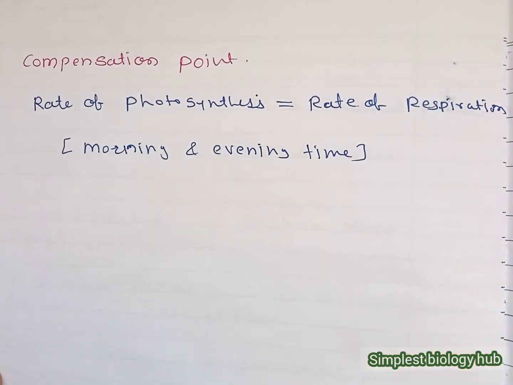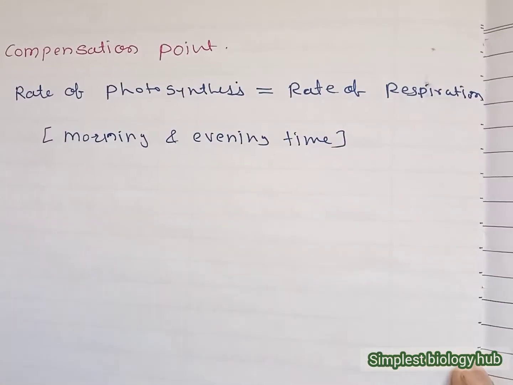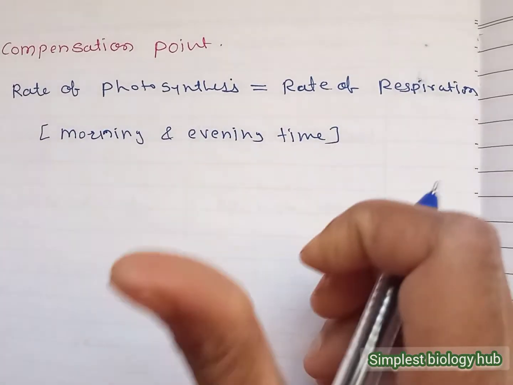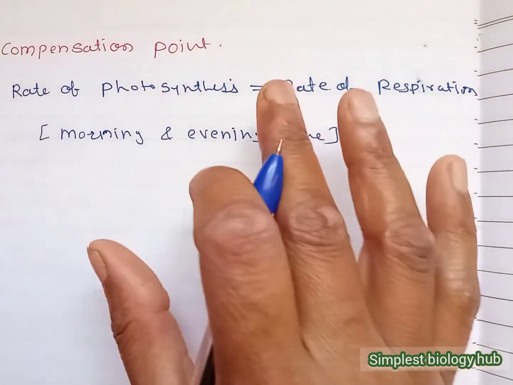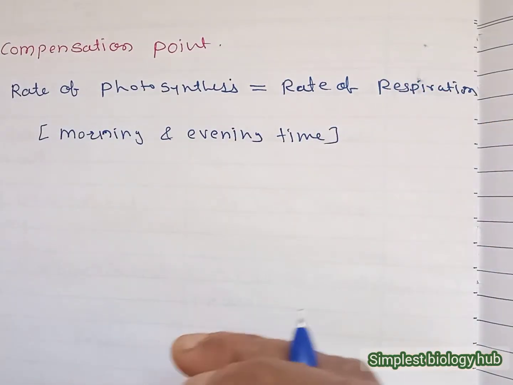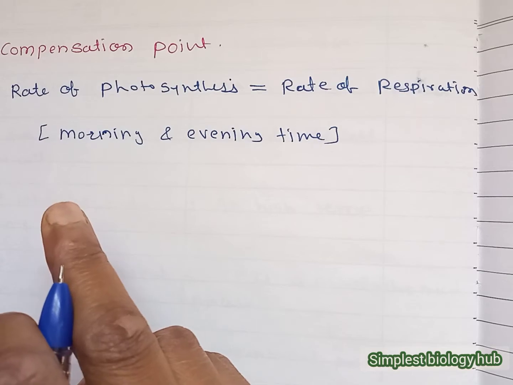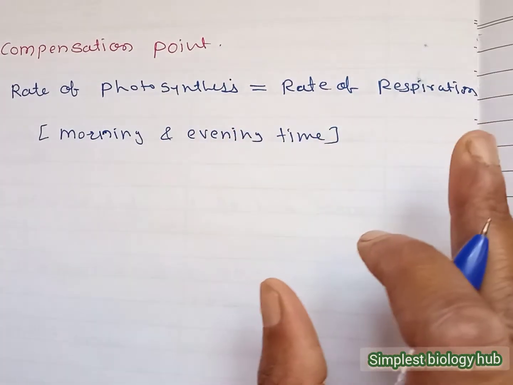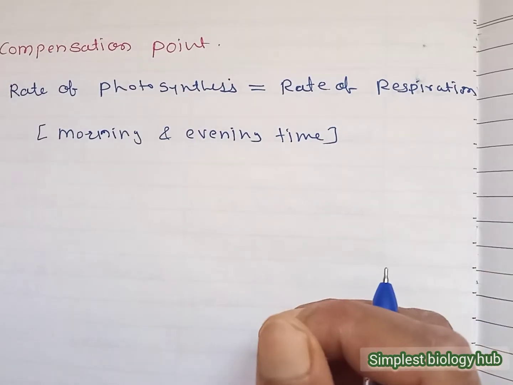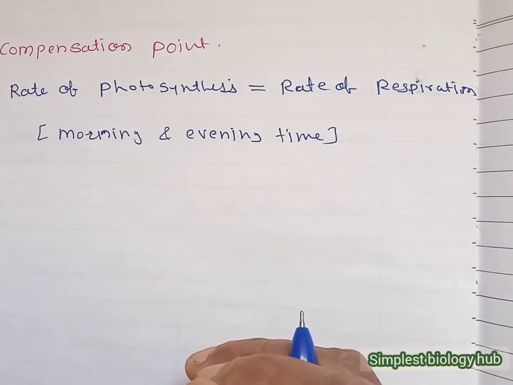In morning and evening time, the rate of photosynthesis is exactly similar to the rate of respiration, meaning there is no net formation of oxygen. Oxygen is formed actually, but it is utilized by the plant for the process of respiration. In photosynthesis, oxygen is prepared, and in respiration, it is utilized. There is no output for other organisms, and that point we call the compensation point.